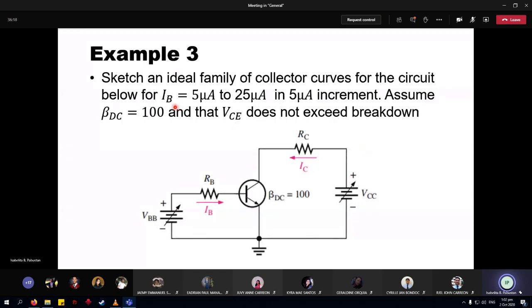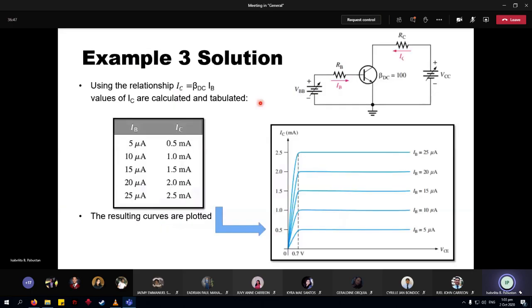So meaning, this is a sort of a problem which is good to perform during the lab, wherein you're going to set your IB to 5, 10, 15, 20, up to 25 microamperes. So in that case, you're going to compute for the corresponding IC. You compute for IC equal to beta IB. So this is your circuit.